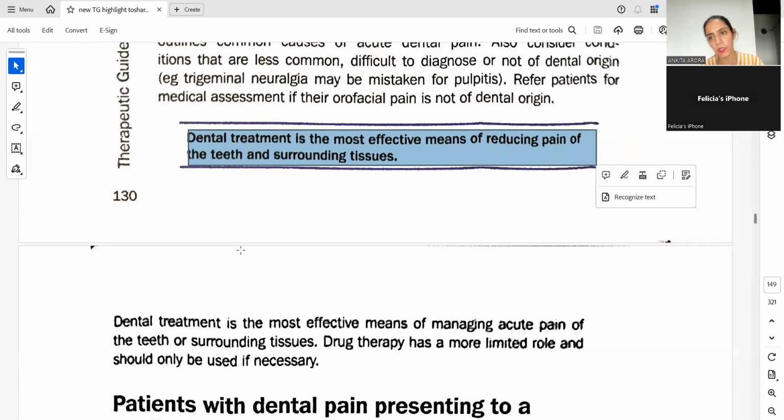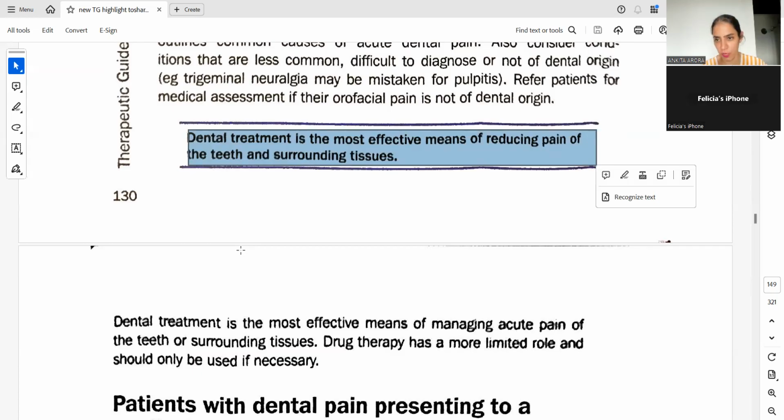So they build up the MCQs like this: a patient came with a painful 1-6, you did the investigations, found out that the patient is having irreversible pulpitis, and the patient is on a tight schedule.